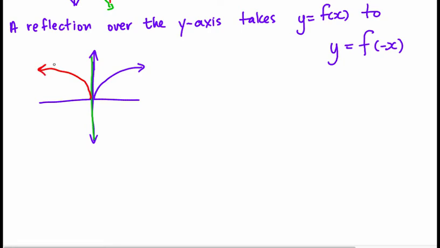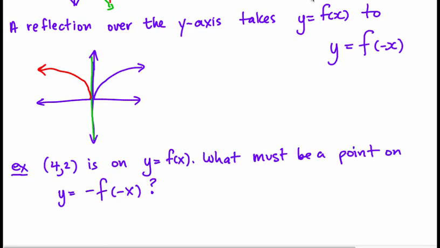So the x values, if they were positive, become negative, and if they were negative, they become positive. And again, we don't need equations to be able to do these. We can do them with points, and I'll do an example of that in a second, or any function at all, as I did with the reflection over the x-axis. I didn't have an equation for that. That doesn't matter. Here's that example with a point.